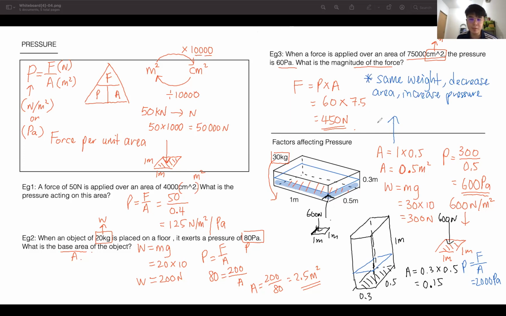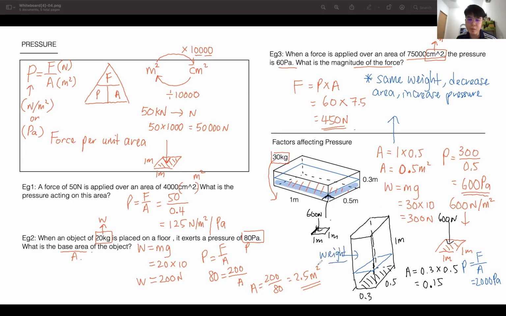Is there any other method to increase the pressure without changing the object? Yes, I can add more water in without changing the orientation. Let's say now it is standing up. Without changing it, I add more water in. I make it fully filled with water. When I add water, I'm adding weight.